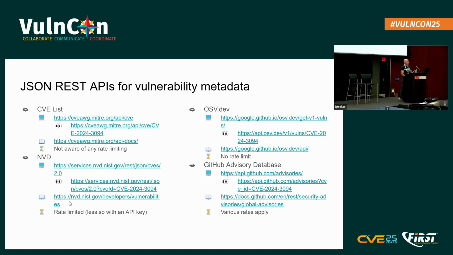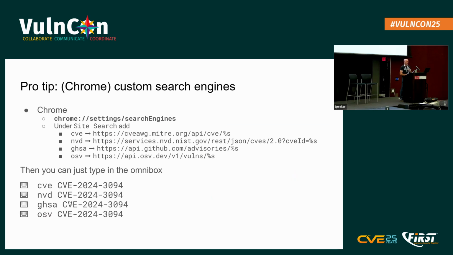So these are a bunch of different JSON APIs that you can feed a vulnerability ID to and get back structured metadata of some sort, and then you can poke at that with import JSON. The other thing that I like to do, because basically all I do all day is look at the JSON metadata for vulnerability records, is in Chrome, and I'm sure you can do this in Firefox as well, you can define custom search engines.